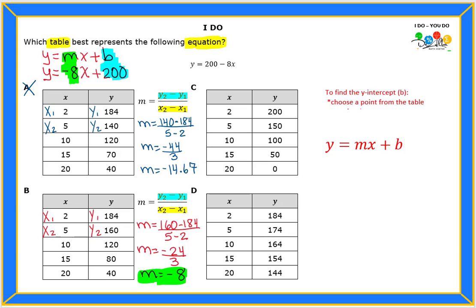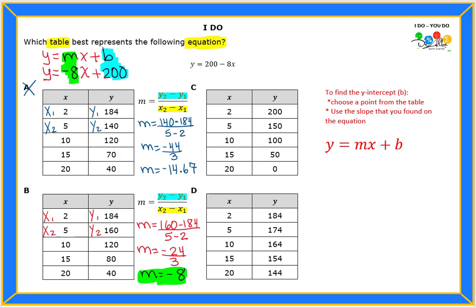Second, I am going to use the slope that I just found in the following equation. So we have both requirements right there. You choose what point you want to use. Like I said, it's totally up to you.